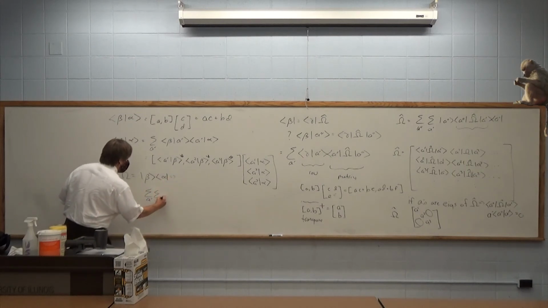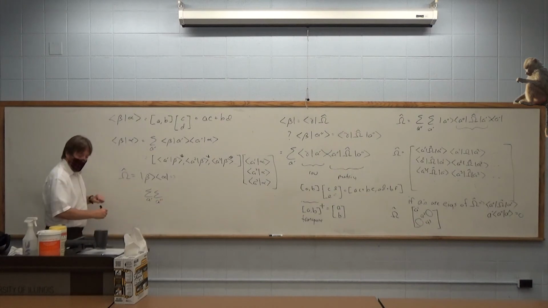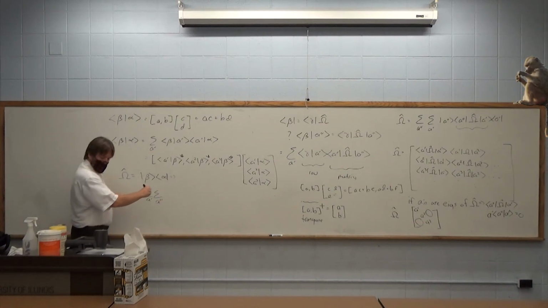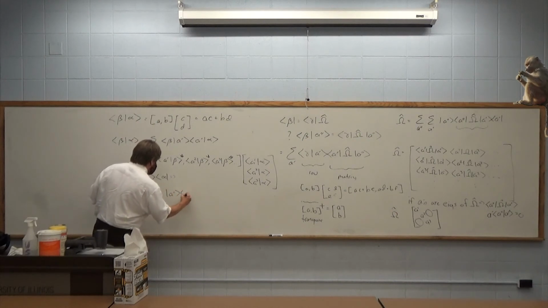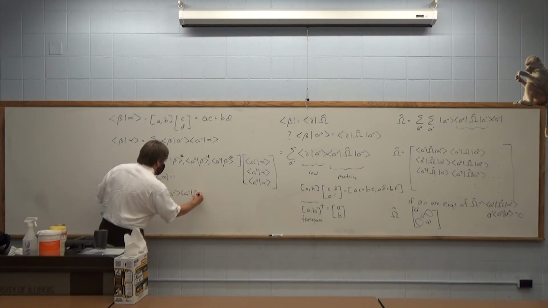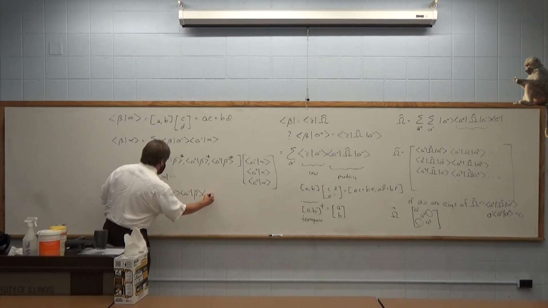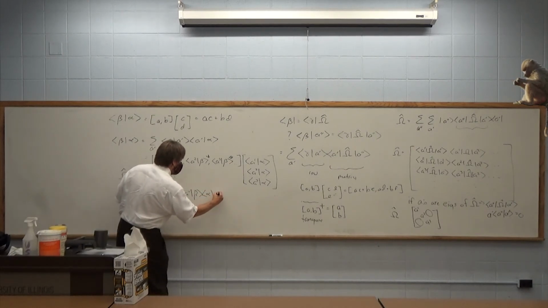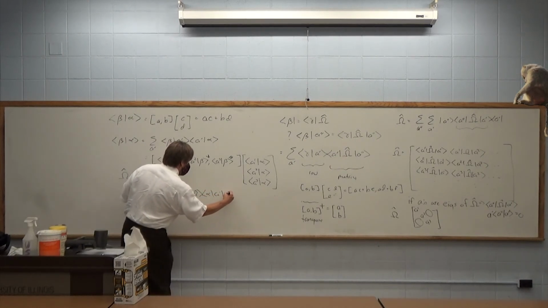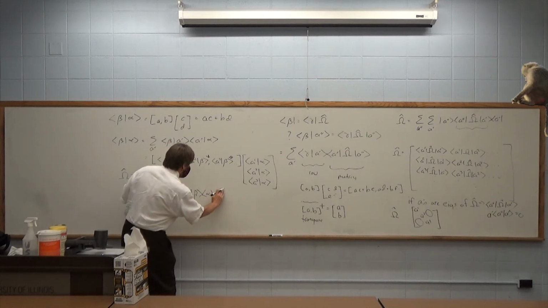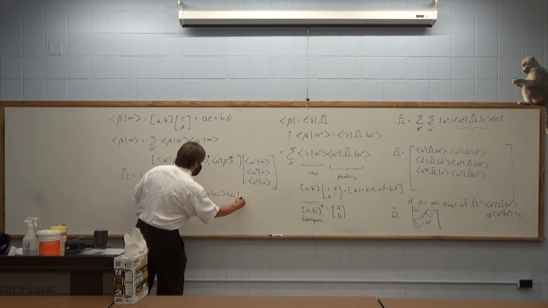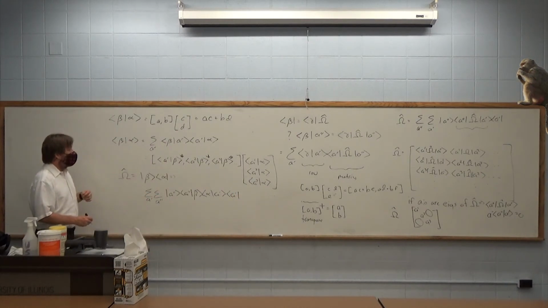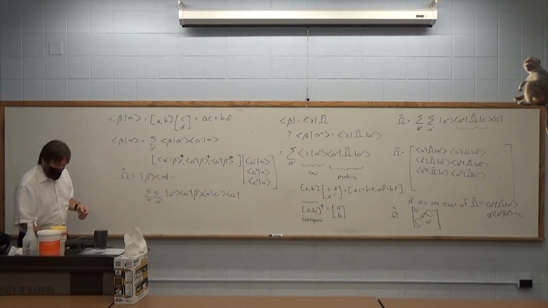I'm just restating what I already did. Resolve two identities. Like so. Oops. I get a little bit lost between my greater and less than signs. Here we go.